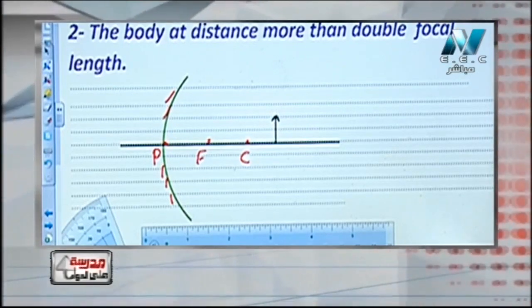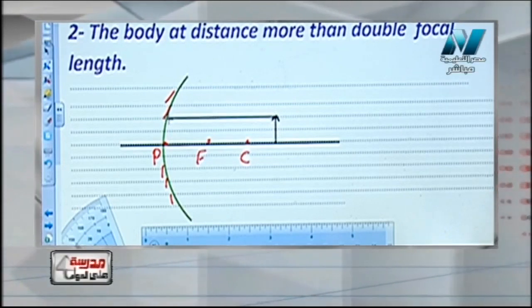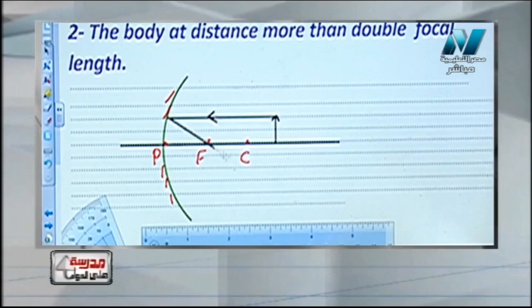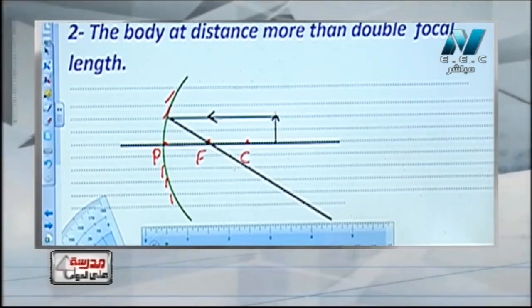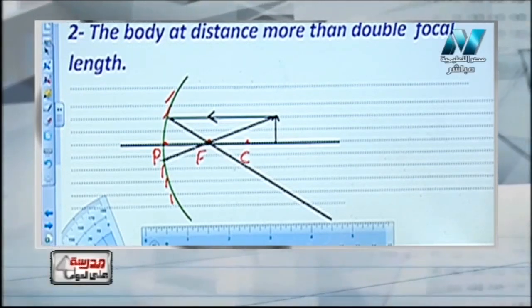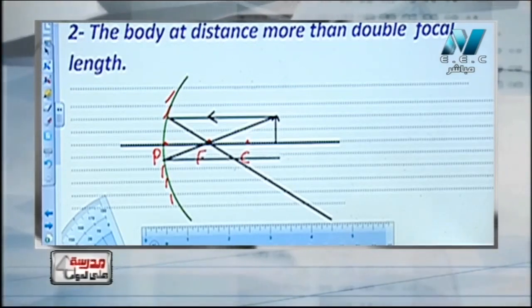We should use at least 2 rules. Number 1, a light ray falling parallel to the principal axis will reflect through focus. The second rule, a light ray falling through the focus will reflect parallel to the principal axis, as we see.